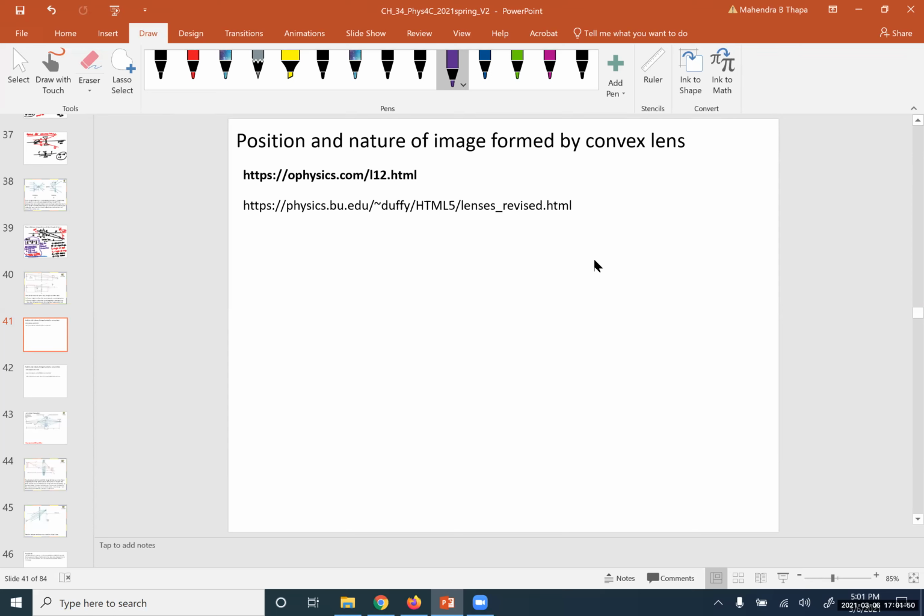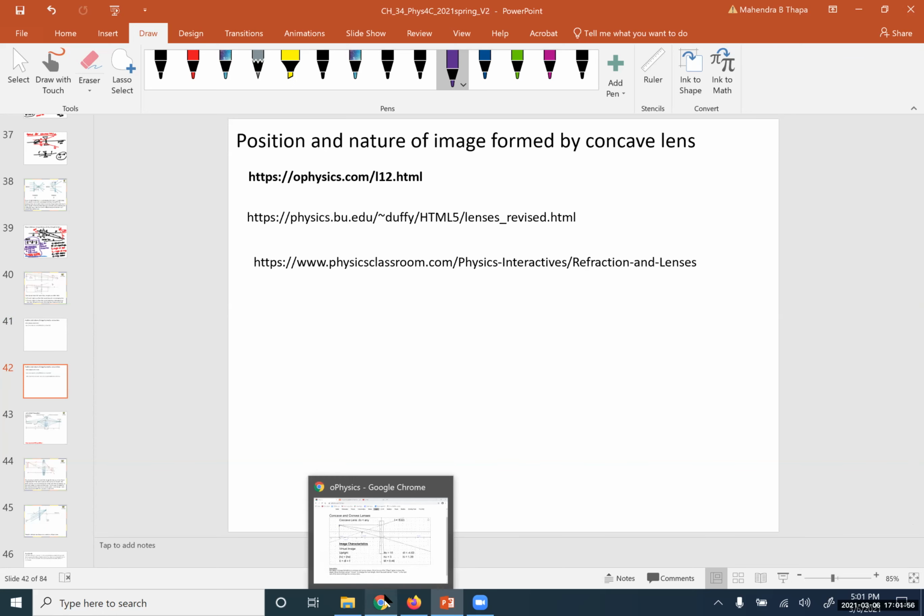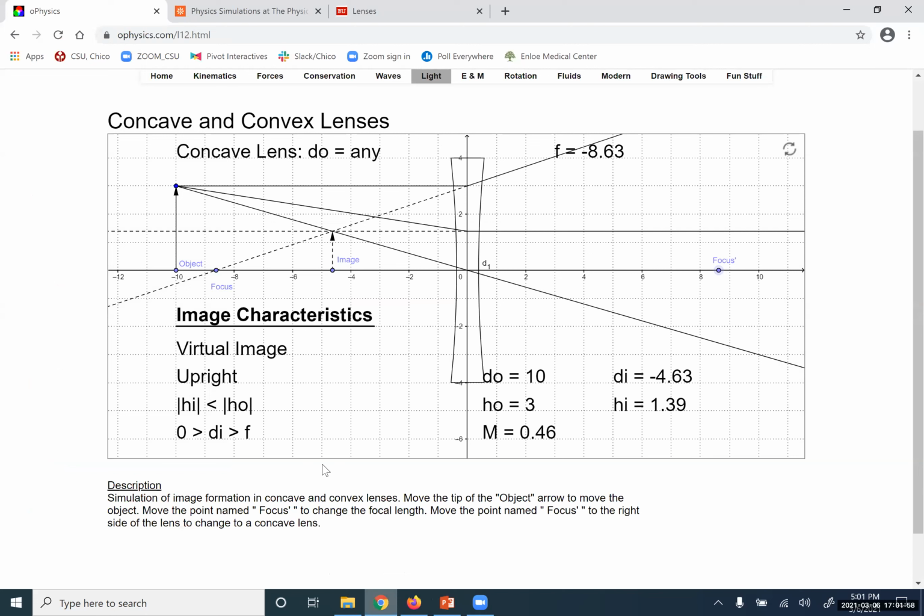Now let's talk about the position and nature of the image formed by the concave lens. So I will take you again to the simulation. This time, the lens we used here is the concave lens. If I put the object anywhere, this is a real object.